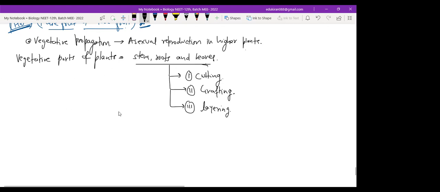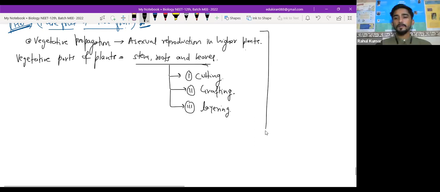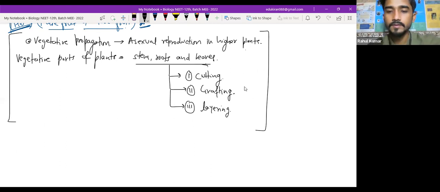Okay. Clear? Would you like to note this down? You can find cutting, grafting, layering in your NCERT. It's towards the end of the first chapter, but it was related to plants, so I asked it in the question. Is it clear? Note it down.